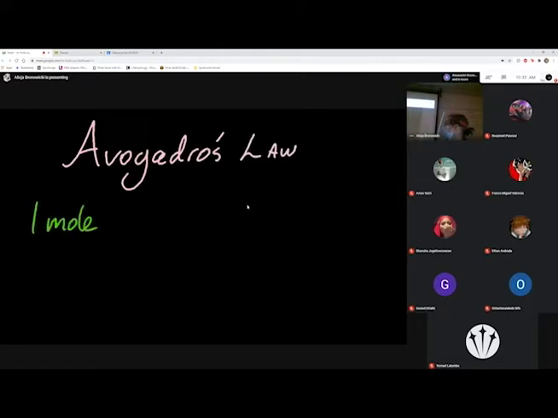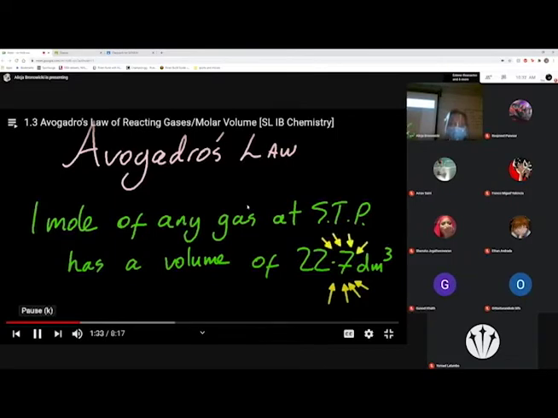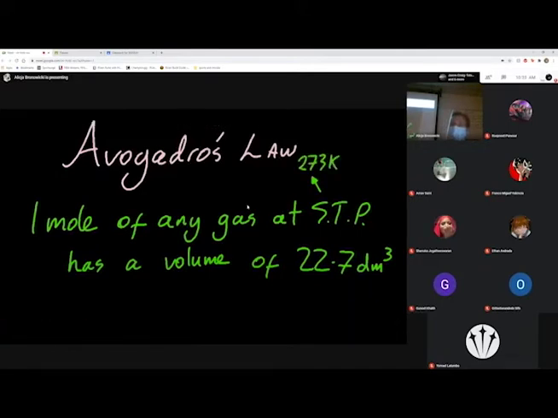So 1 mole of any gas at STP is 22.7 decimeters cubed, and a decimeter cubed is also a litre. Standard temperature for gases is 273 Kelvin, and standard pressure is 100 kilopascals.